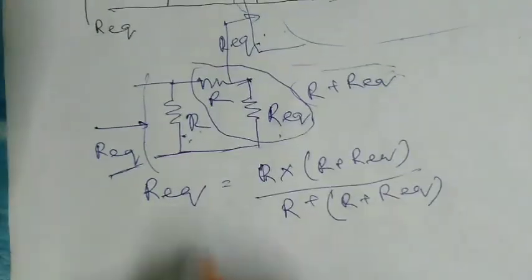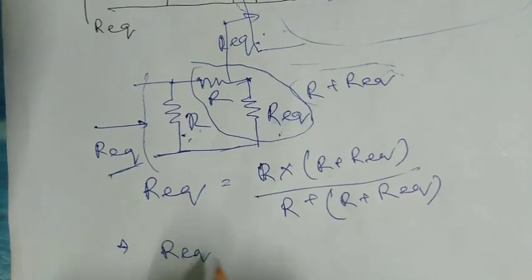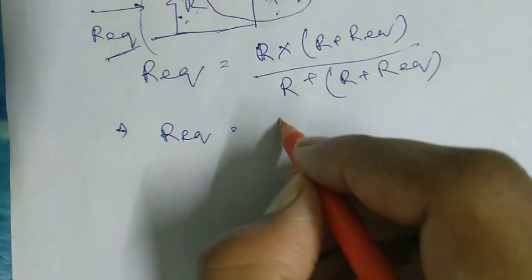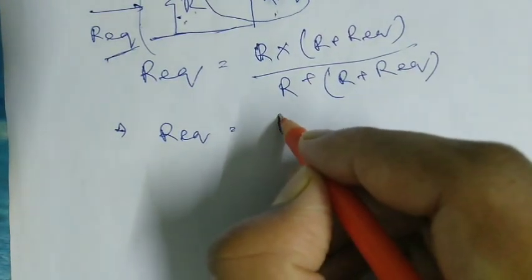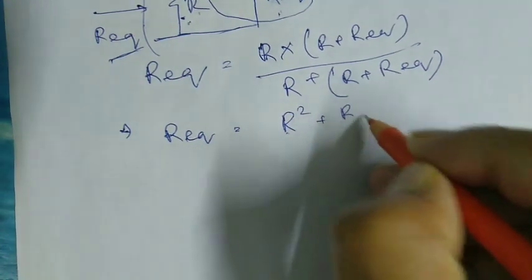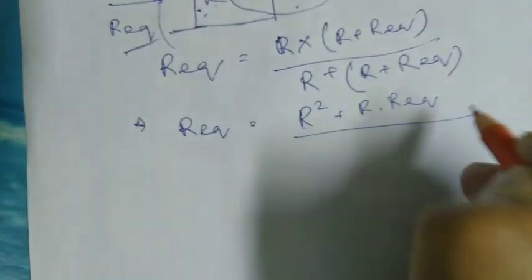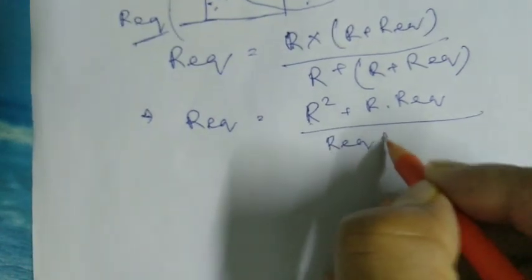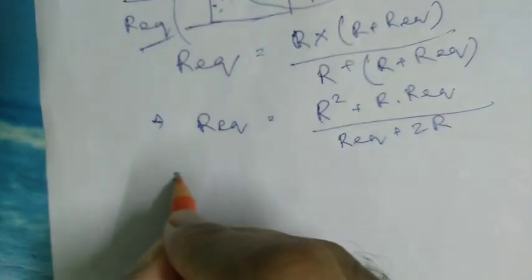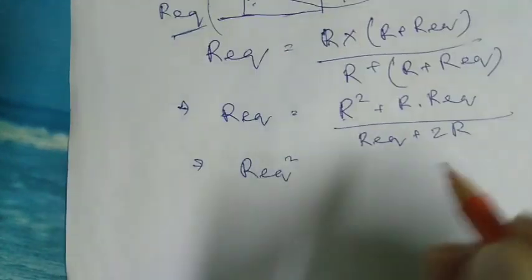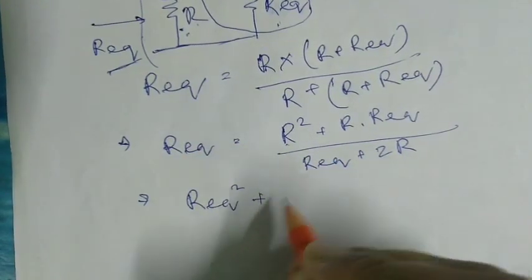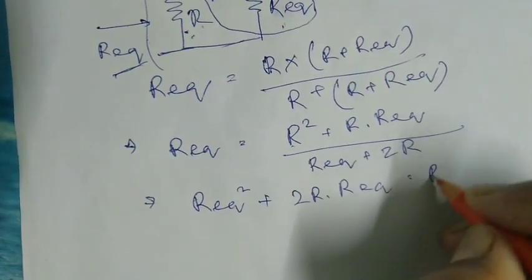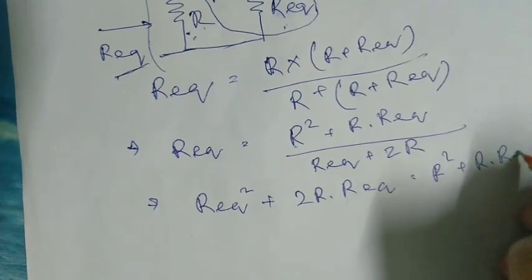Now if we calculate, it's going to give Req equal to R square plus R into Req divided by Req plus 2R. Now cross multiply this: Req square plus 2R into Req equal to R square plus R into Req.